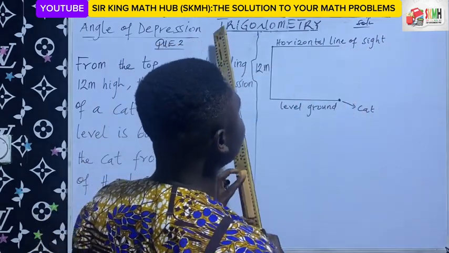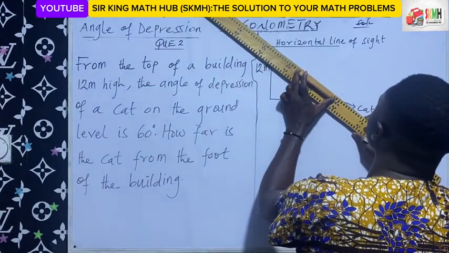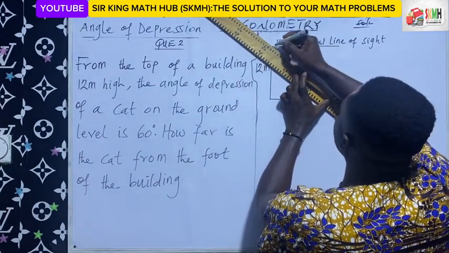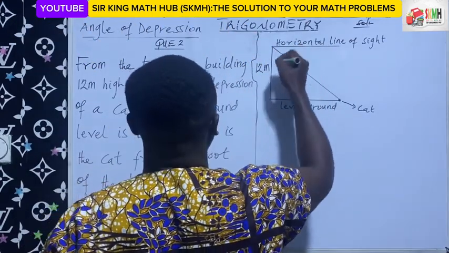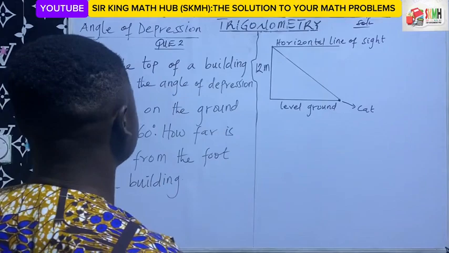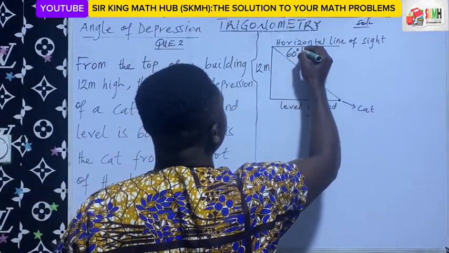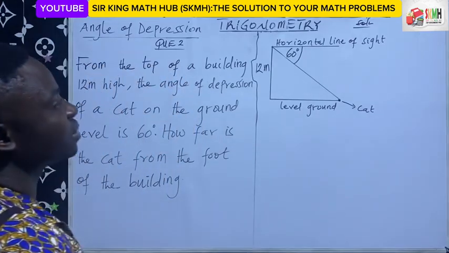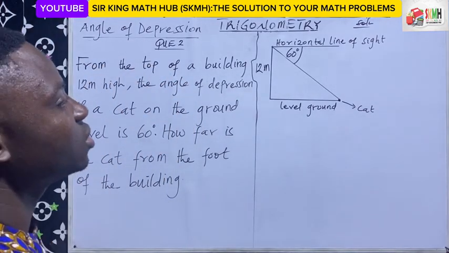So any angle below the horizontal line of sight is the angle of depression, and it was given as 60 degrees. That is the angle of depression.